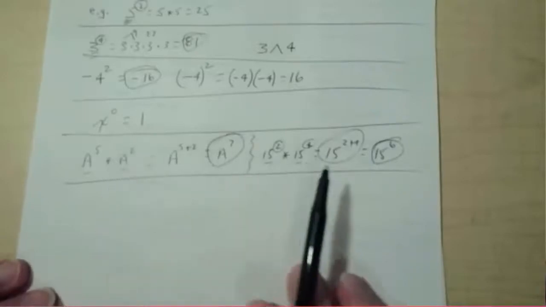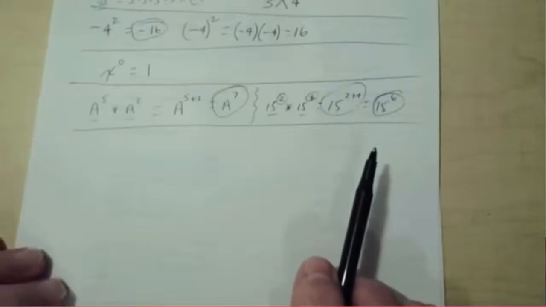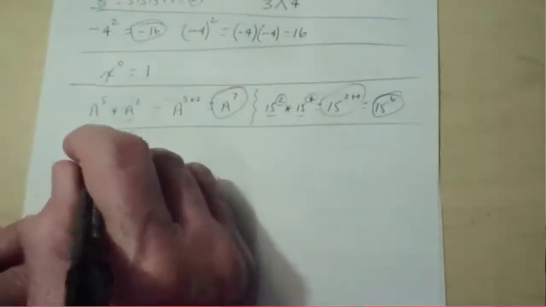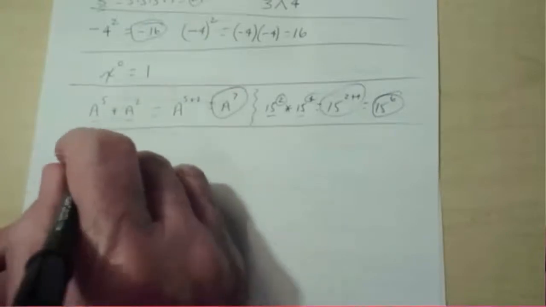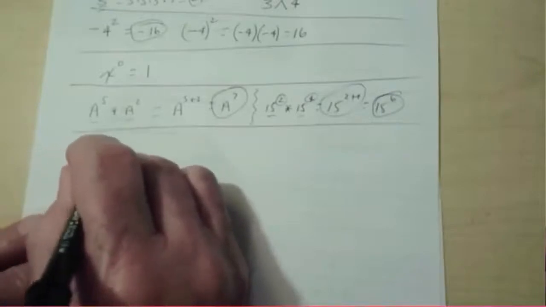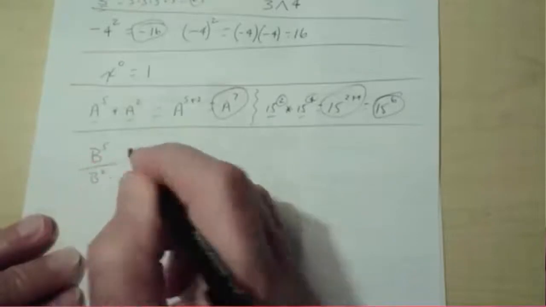Now, what if we divide? What are we going to do with the exponents? Right, we're going to subtract. But again, the base numbers have to be the same. So if we have b to the 5th over b squared.